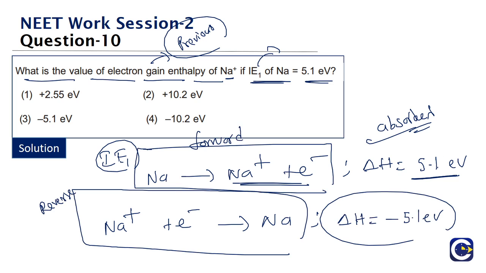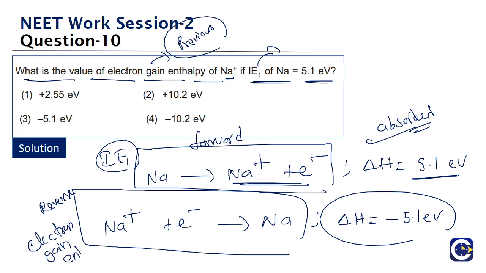Technically, if here we are absorbing, then in this step there will be a release. Releasing means the energy exchange will be shown as negative, meaning this much energy is released. So when the electron is given to Na plus, that is the electron gain enthalpy.